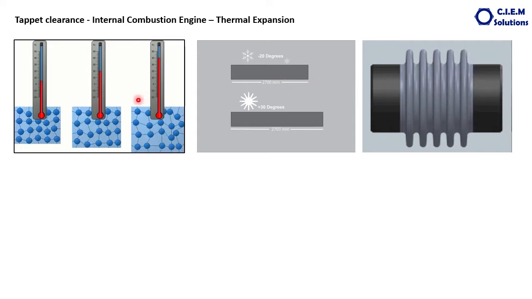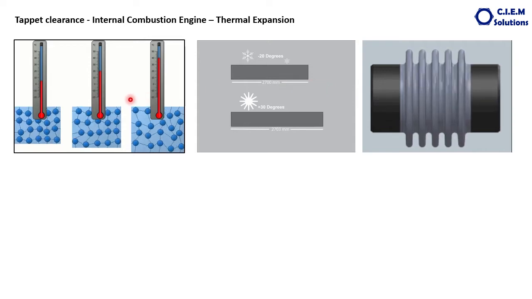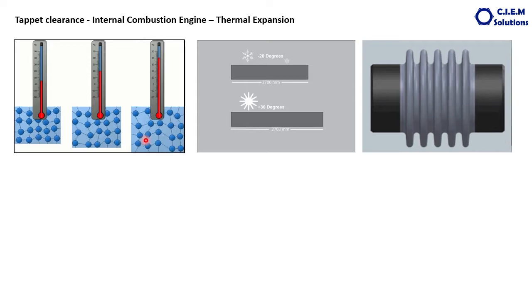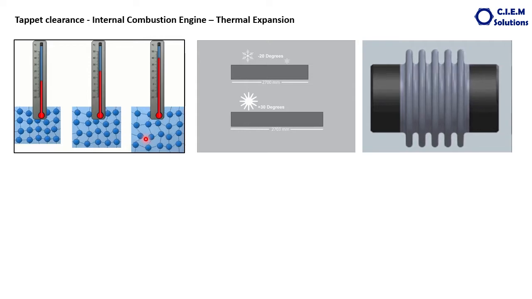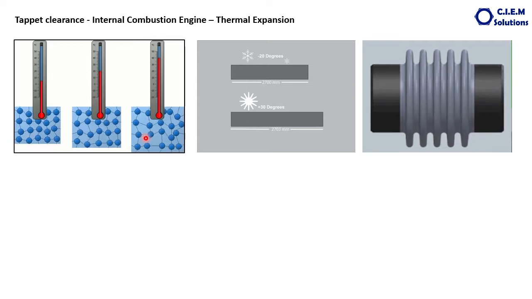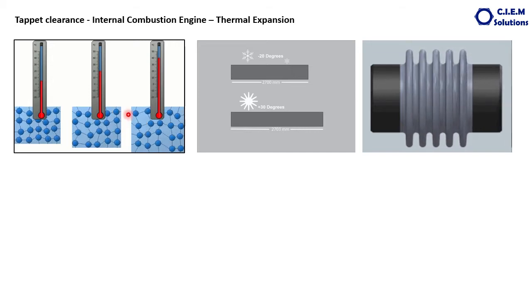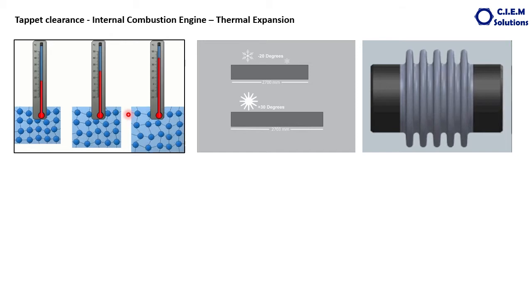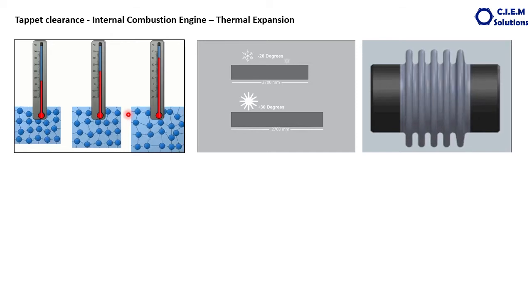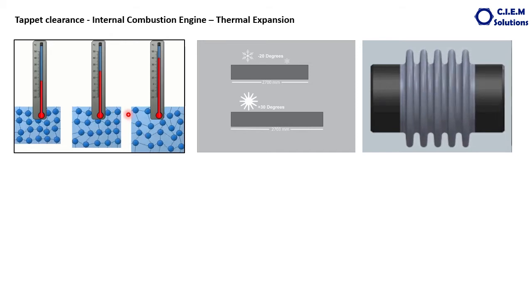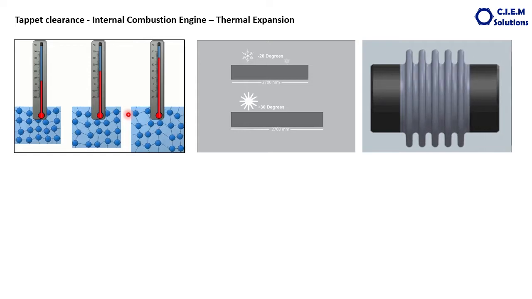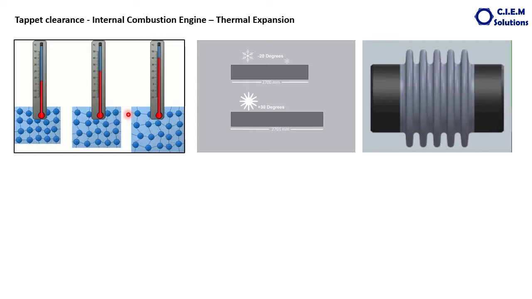Thermal expansion is a tendency of matter. Matter may be a metal, a liquid, whatever it may be. Thermal expansion means the tendency of matter to change its shape, its area, or its volume and density in response to a change in temperature. If the temperature increases, it may expand. If the temperature decreases, it will contract.